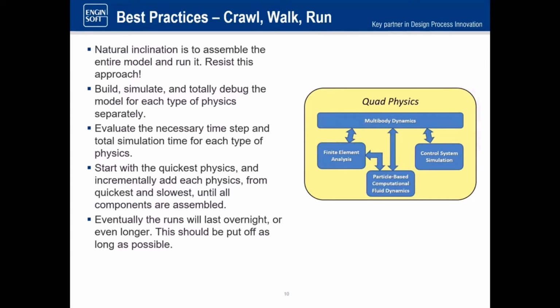Because when you do that, the debugging becomes very lengthy, because the run times are long and there are many possible sources of error. So in this case, the crawl, walk, and run is to, first of all, do each aspect of the model separately.